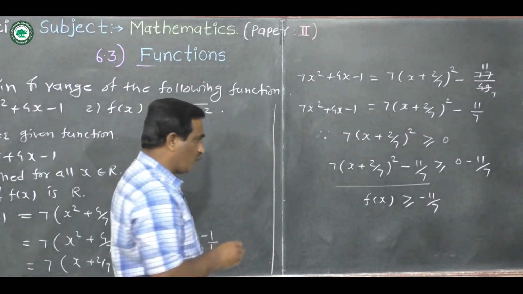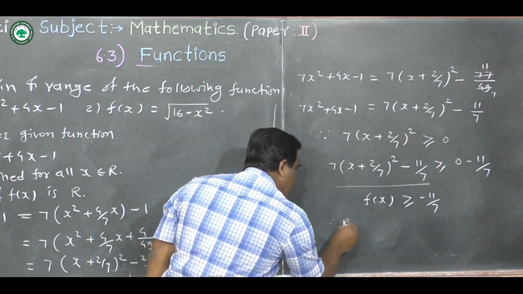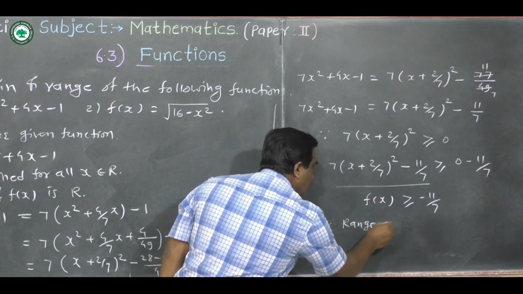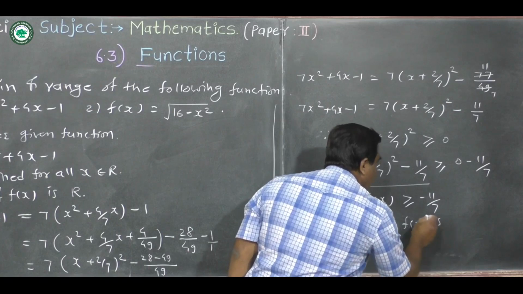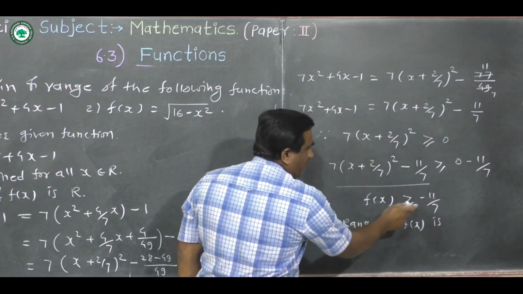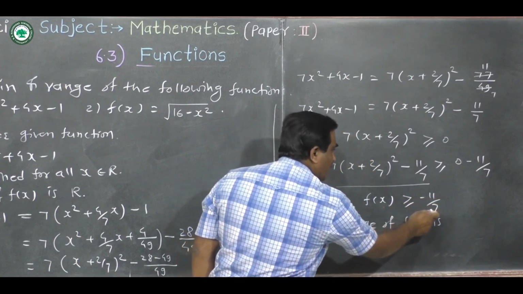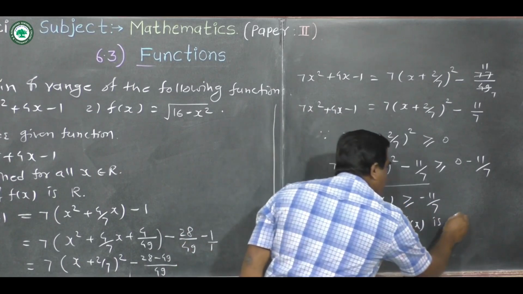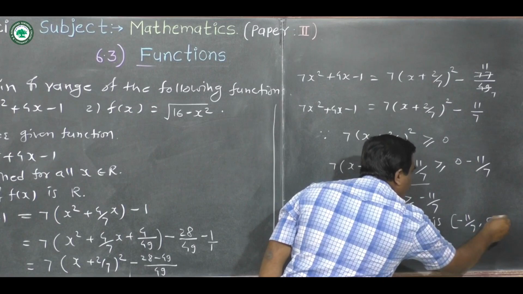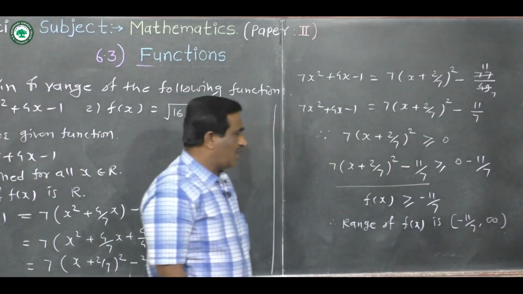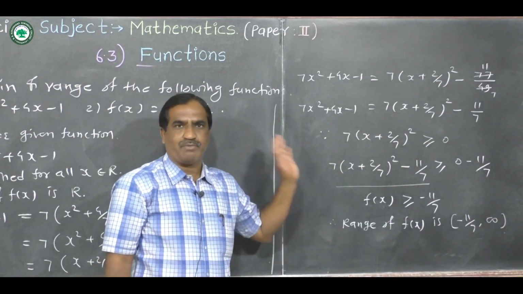Therefore range of function f of x is values of f of x greater than or equal to minus 11 upon 7, that is in square bracket minus 11 upon 7 to infinity. This is the range of the function f of x.